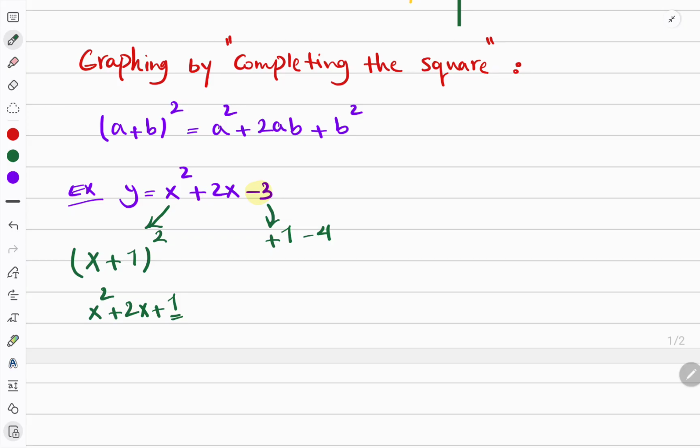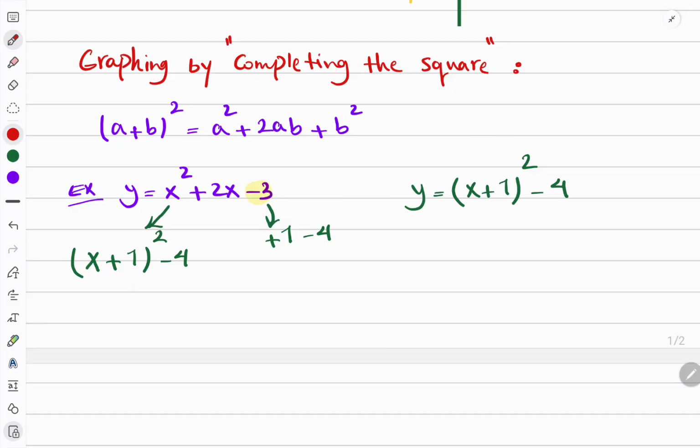So I split negative 3 into positive 1 and negative 4 to use this part for completing the square. And now we have negative 4. So y equals x plus 1 squared minus 4.